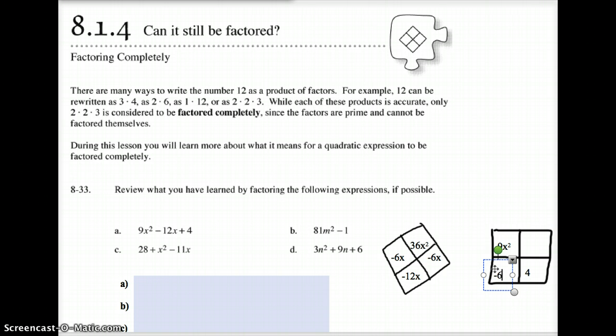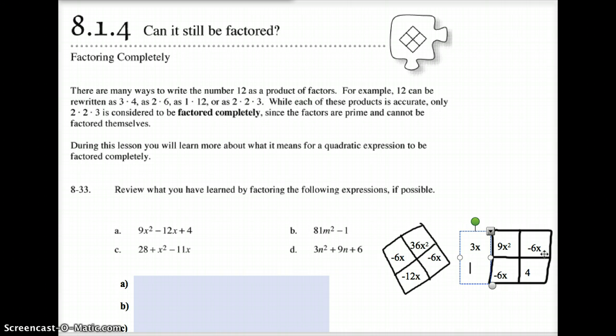We take these two and plug them in here, negative 6x and negative 6x. And now we can factor these out. What does 9x squared and negative 6x have in common? They have a positive 3x. And what does negative 6x and 4 have in common?